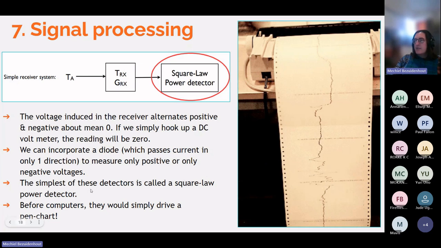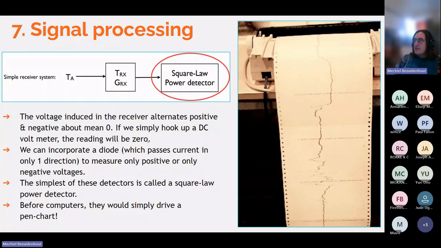In the old days, that square law power detector would literally just measure the square of the voltage and then use that to drive a pen chart. It would literally move a pen which would draw a line onto a piece of printer paper that was continuously rolling. And so in the old days, this was how you would take your radio astronomical measurements, using a pen that moved in response to the varying signal voltage.